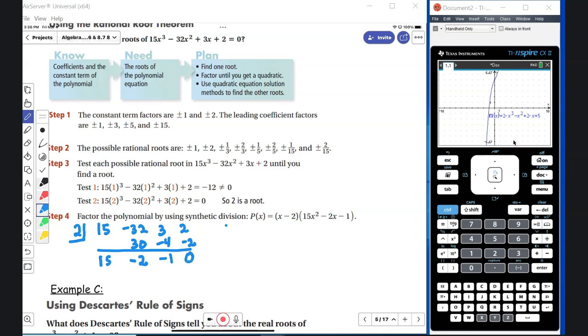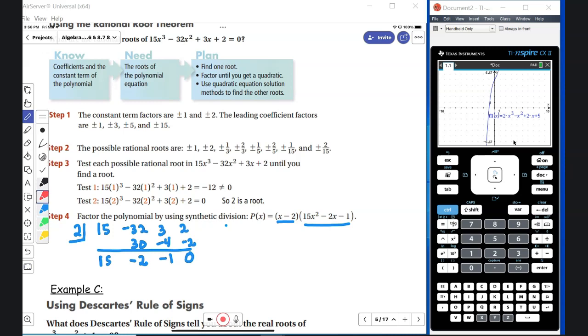So we notice that x equals 2 is a 0. And that's where you get that linear factor x minus 2. And you notice the coefficients are 15, negative 2, and negative 1, which is right here. So that's our remaining 2 zeros or 2 roots. I recommend that you use the quadratic formula.